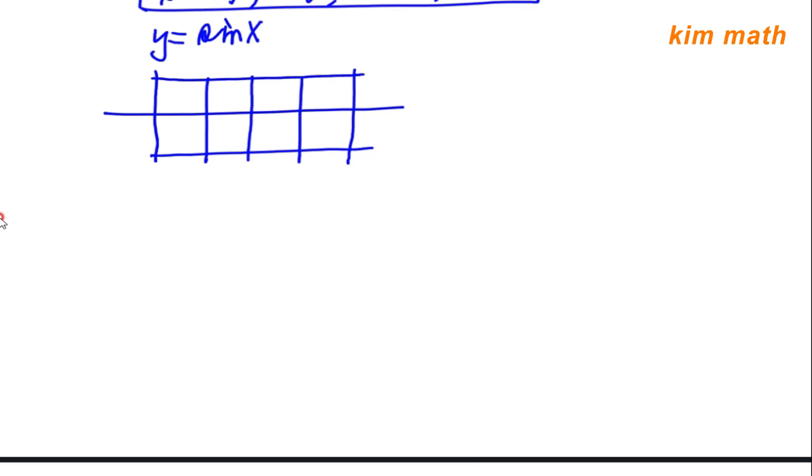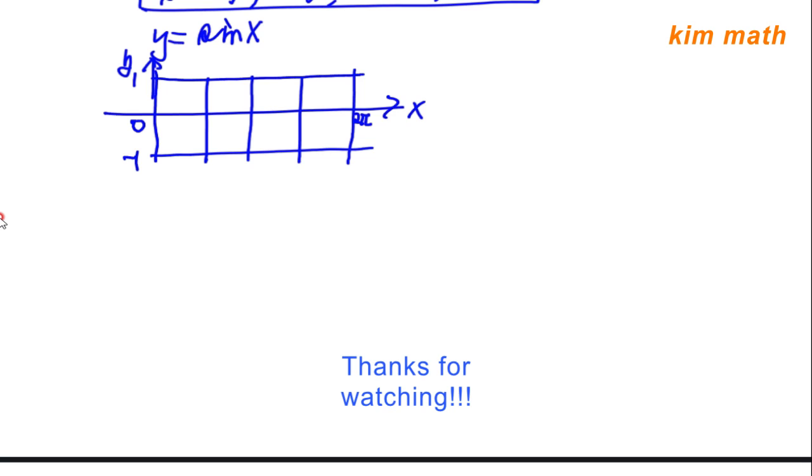This rectangular box is not part of the graph, but it is a good guideline. This is the x, this is the y, 1 here, -1 here, this is 0. Now one complete sine period is 2 pi, so half is pi. Now we can sketch the sine of x on this plane.